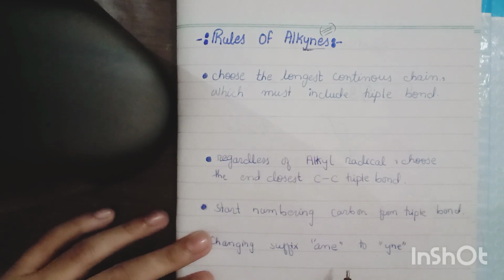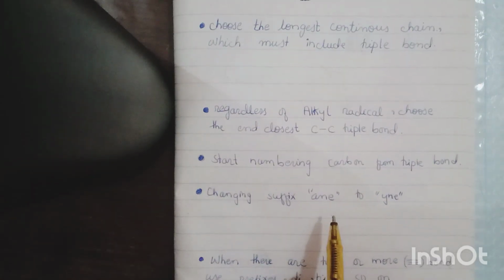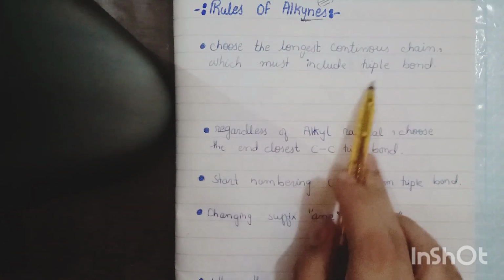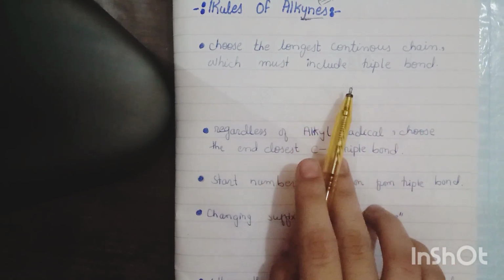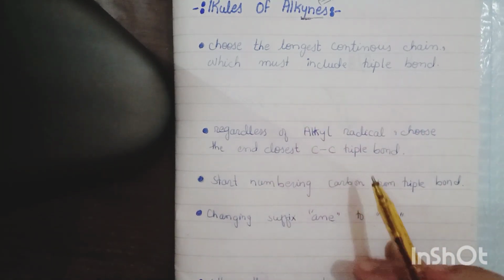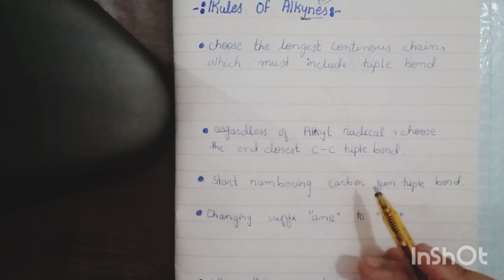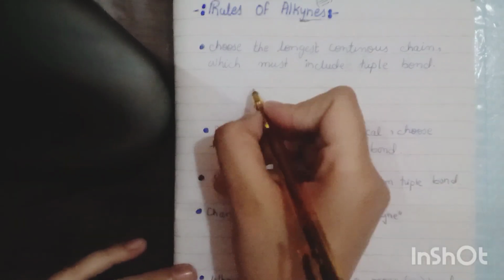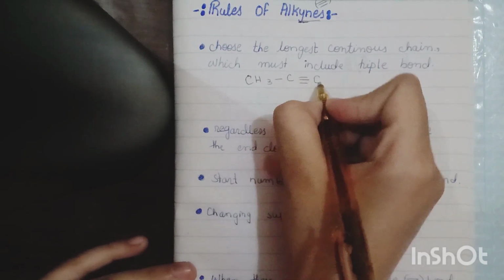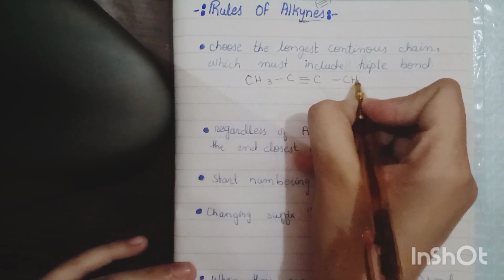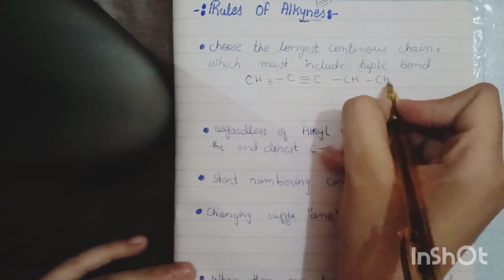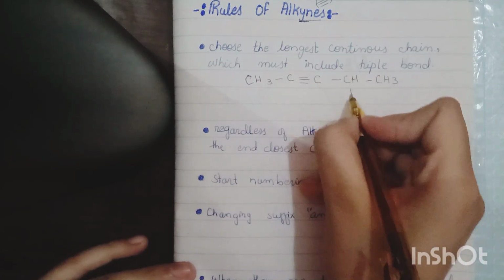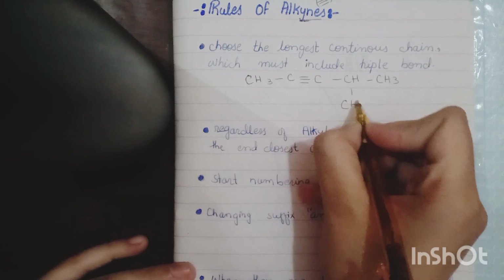So let's go with the first rule: choose the longest carbon-containing chain which must include the triple bond. You need to choose the chain that has the triple bond. For example, CH3-C≡C-CH3, and here let's put CH4.